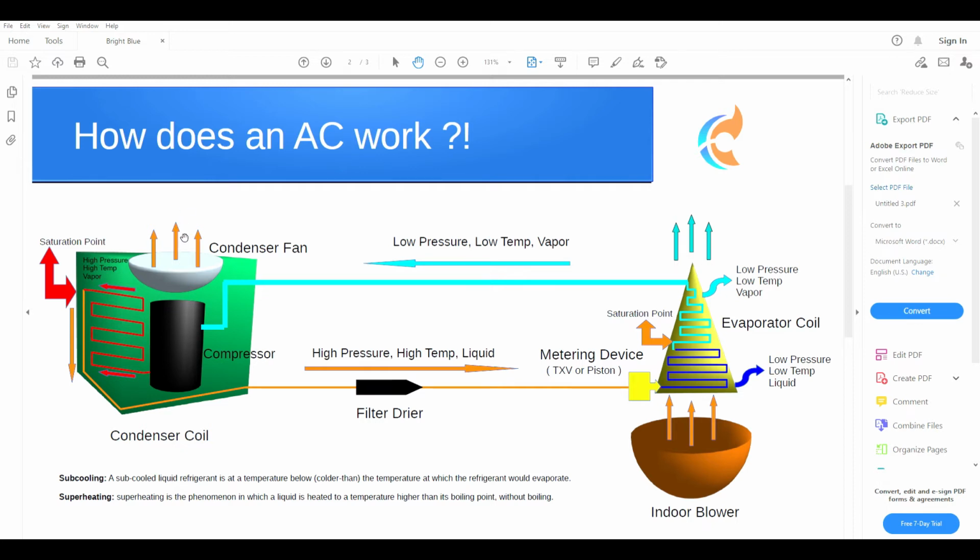Or for the side discharge ones, you'll see the condenser fan would be on the side of it instead of the top, but it's the same principle.